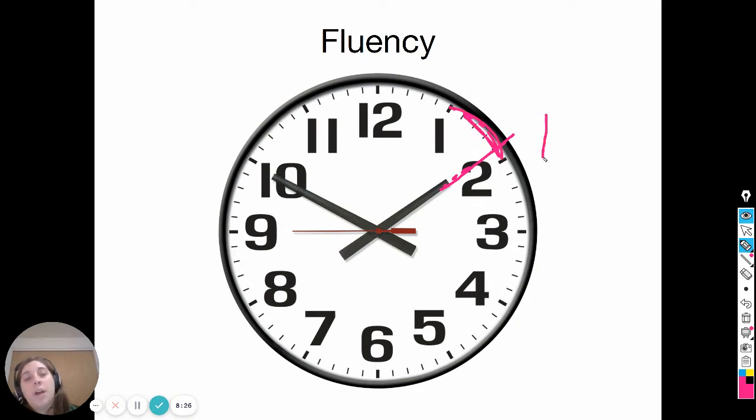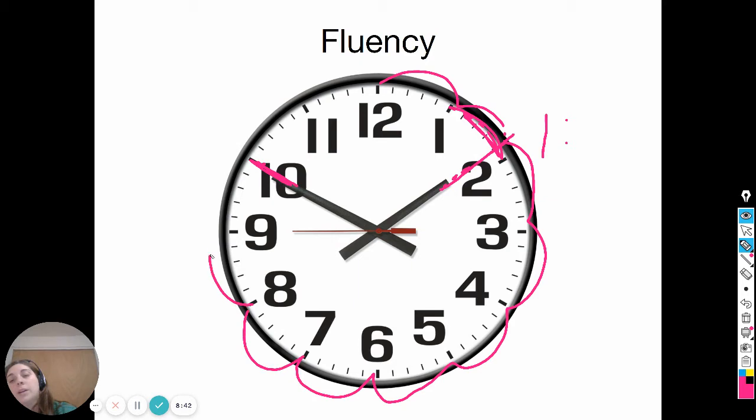So it's going to be 1. And now we can see that the minute hand is pointed right there at the 10. So let's count by 5s. 5, 10, 15, 20, 25, 30, 35, 40, 45, 50. The time is 1:50.